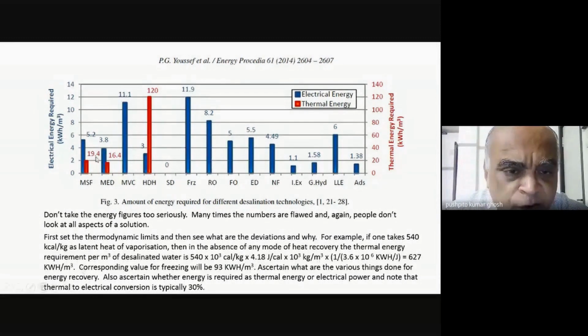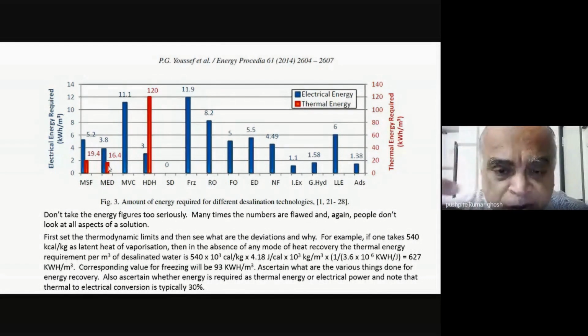In processes like multiple effect distillation, in the distillation assembly itself, I'm evaporating water and that water is condensing. I'm recovering the heat released during the condensation of water and putting it into my next lot of water to preheat it.